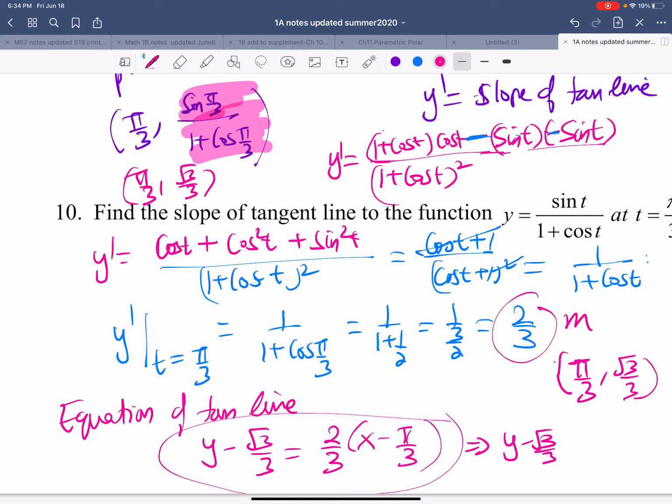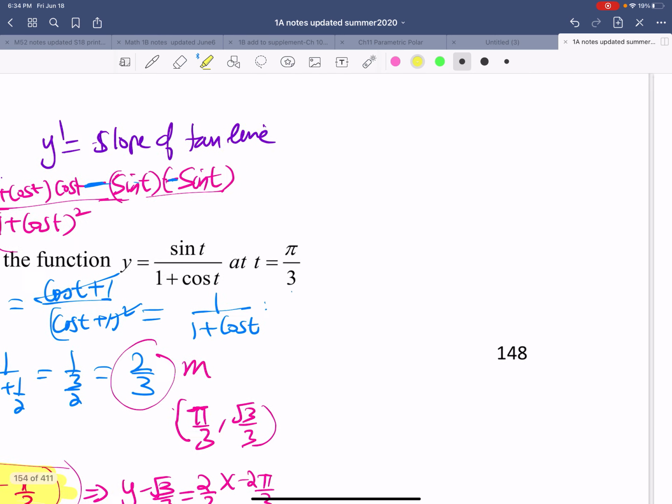Y minus root 3 over 3 equals 2/3 x minus 2 pi over 9. And we can go ahead and add the root 3 over 3 to the other side to isolate the y. This is the equation in the point slope form here. And if we want to isolate the y, we can write it in the slope intercept form.